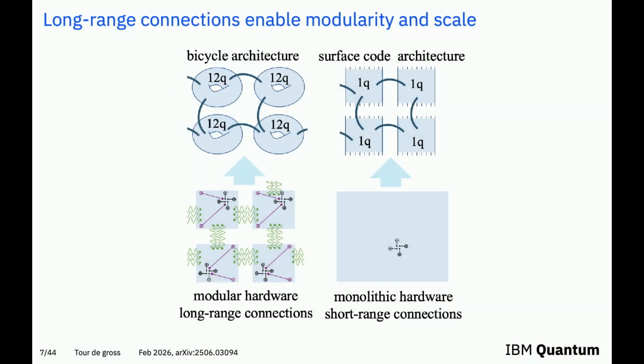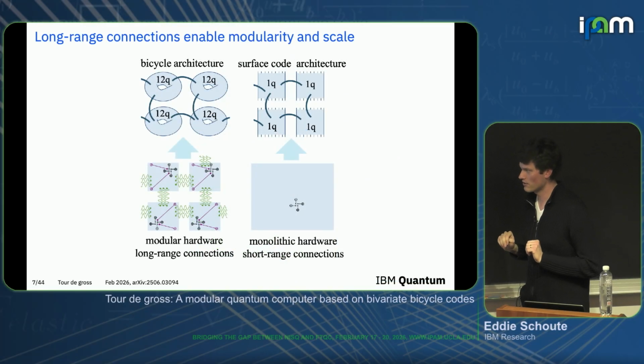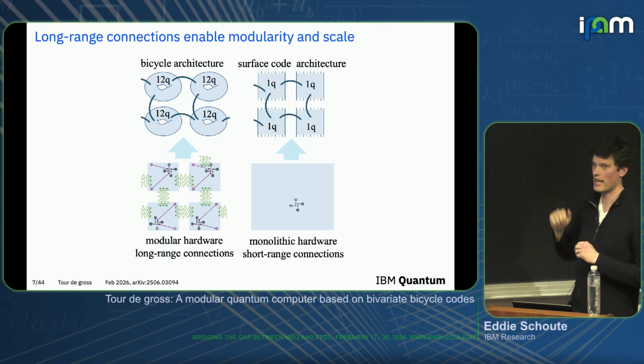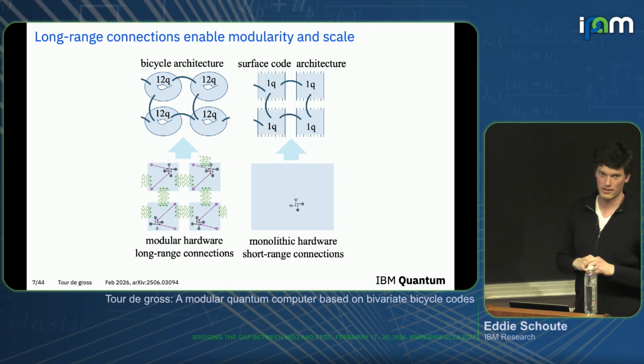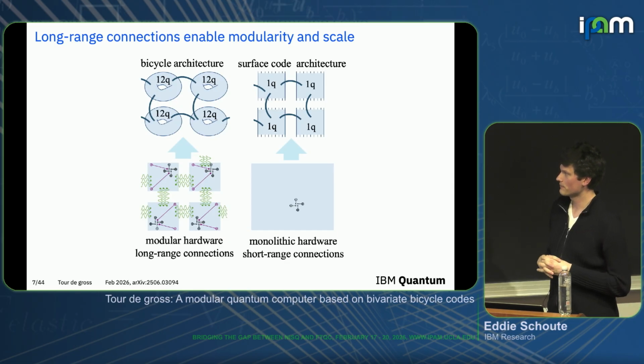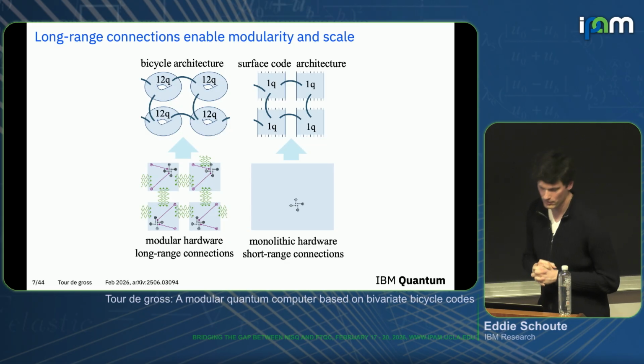Therefore, we would like to have many smaller chips, each of which we can fabricate with a high enough constant probability, right? And then we will connect those together using long-range connections, those squiggly green lines, and that will enable us to scale our architecture to larger and larger sizes. So, two benefits from long-range connections.